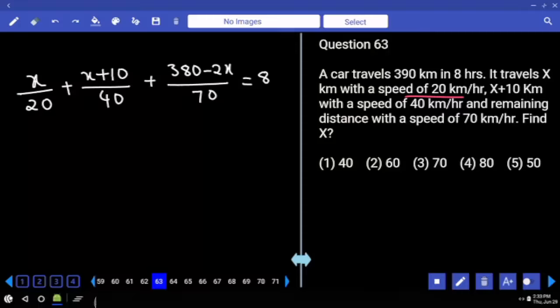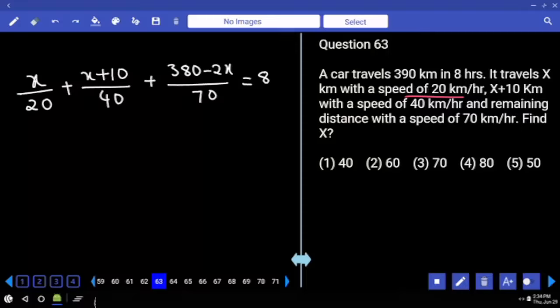First option, what is x? 2 times it, if you subtract 80, how much is left? 300 by 70. Is 300 a multiple of 70? Second option, 2 times, if 120 is subtracted, 260. Is it a multiple? Third option, 2 times, 140 is subtracted from 380.